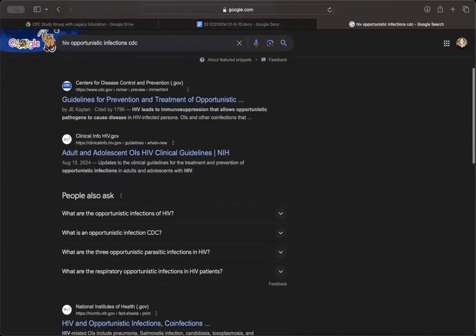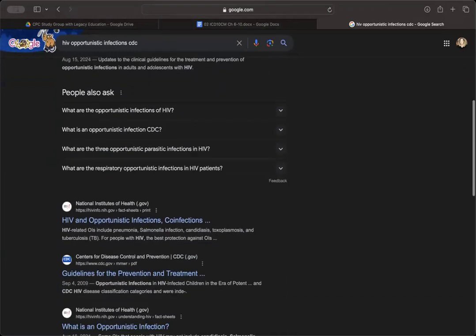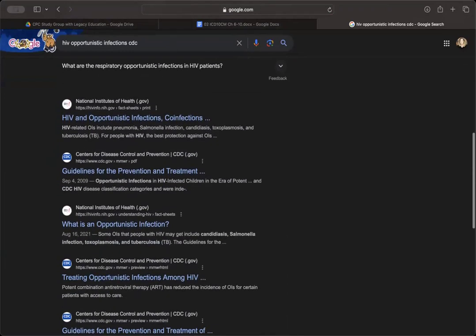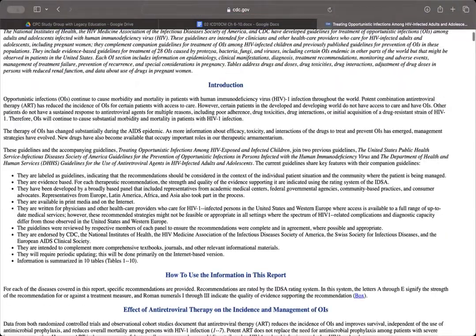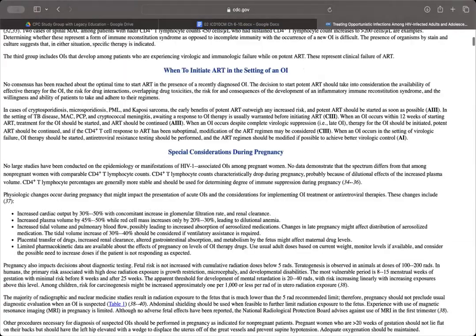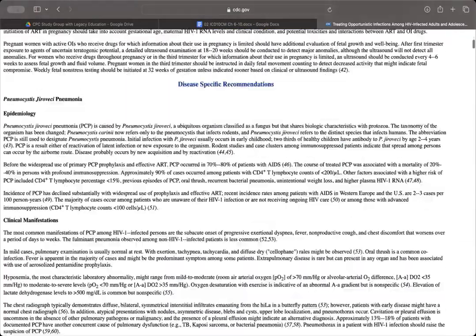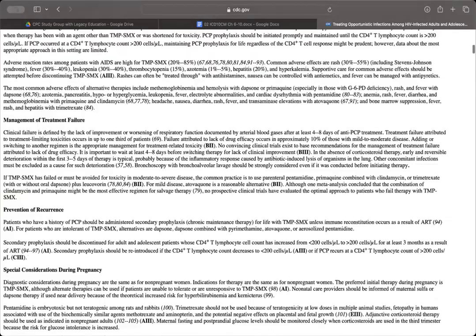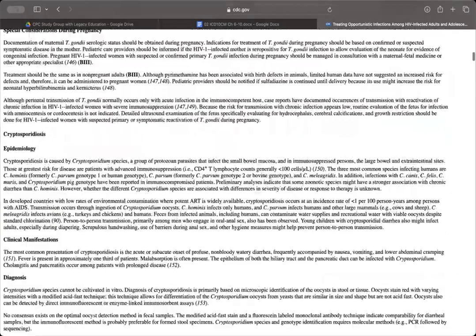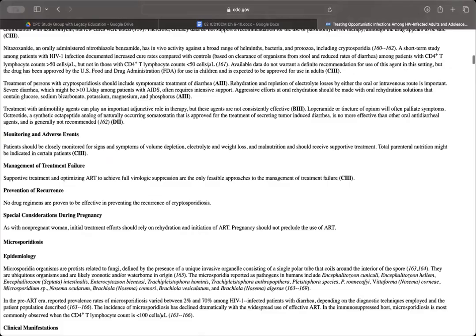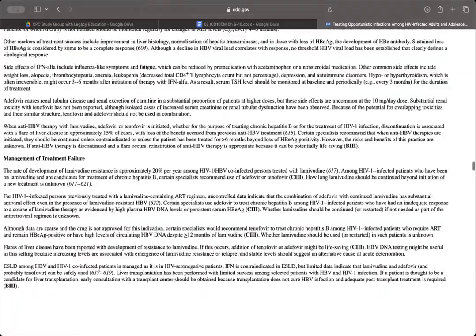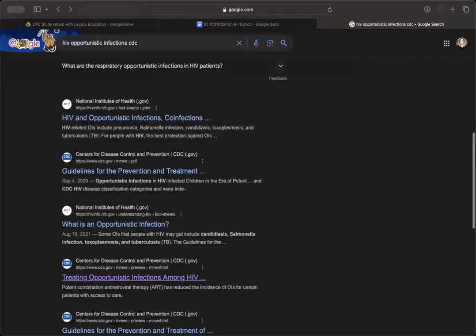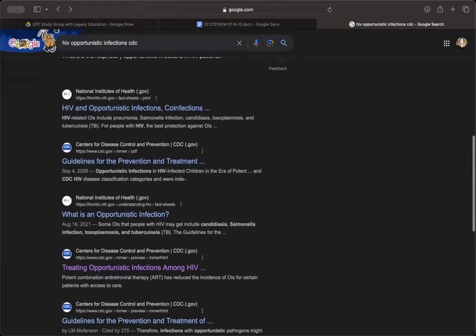Did they remove it? They used to have a list. They must have removed the list for some reason, because it wasn't on this huge page here. Sorry, I'm scrolling really fast. No, it's not there. I was looking to see if they just had a list down at the bottom.